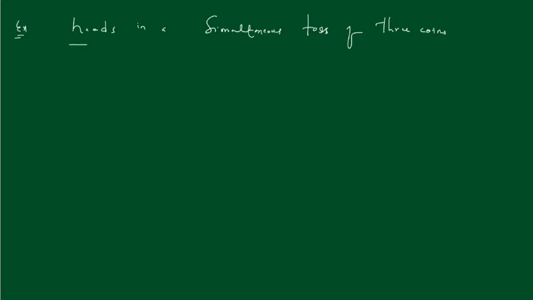First let's see what will be the sample space for this. Heads in a simultaneous toss of 3 coins means we have the sample space S equals, when a coin is tossed 3 times: head, head, head; head, head, tail; head, tail, head; tail, head, head; and tail, tail, tail; tail, tail, head; tail, head, tail; head, tail, tail, right?